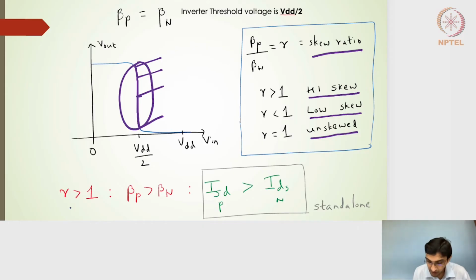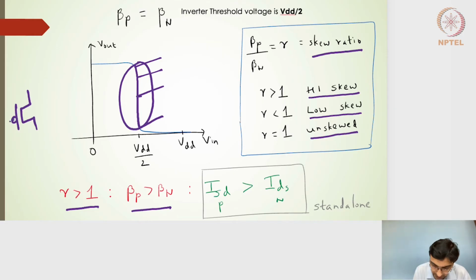All right. So if R is greater than 1, it is called a high skew. That's what is mentioned here. That means that beta P is greater than beta N. Standalone, if it's not an inverter, if I have a standalone PMOS transistor, so let me draw a standalone PMOS transistor.